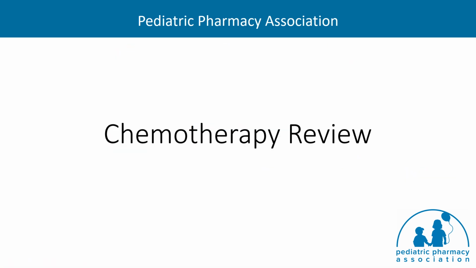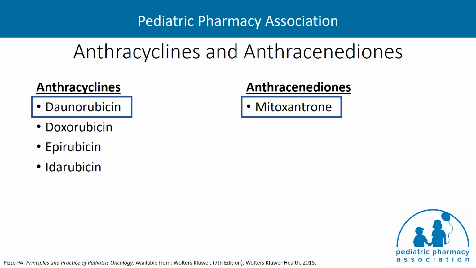Now that we've spent some time discussing globally what our patients will receive in terms of chemotherapy cycles, let's start to talk about more of the specific information surrounding the various chemotherapy agents that these patients will receive. The first class of chemotherapy agents that we will be discussing today are the anthracyclines as well as anthracenediones.